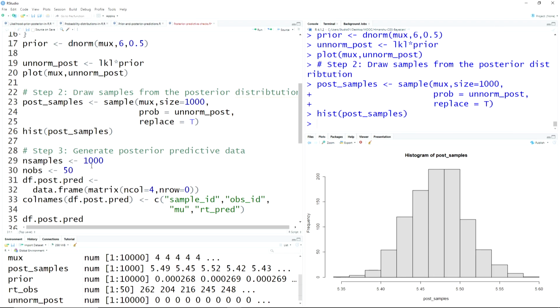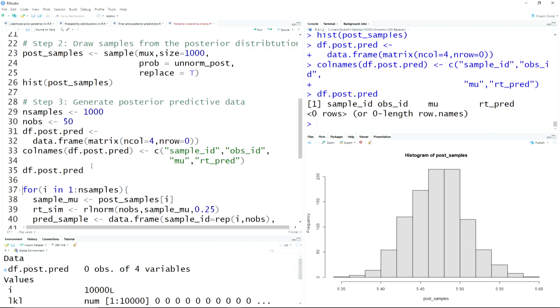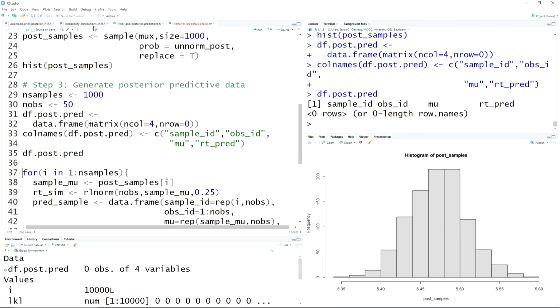I create an empty data frame for posterior predictions. Now, I iterate through each sample, and for each sample I collect a sample from the posterior. This mu sample is a sample from the posterior. Then I simulate future data conditional on this sample mu, which is from the posterior distribution, and I simulate n obs, that is 50 observations, and then I store it.